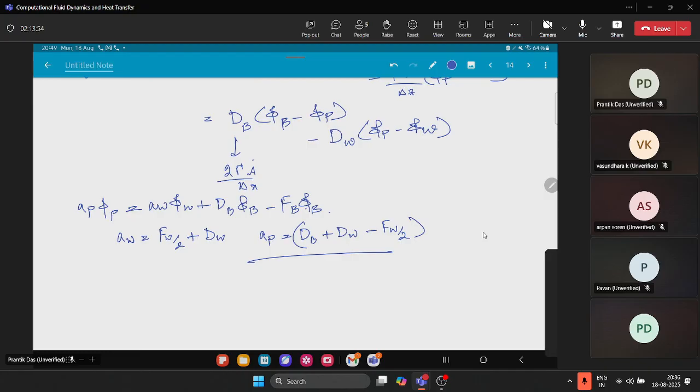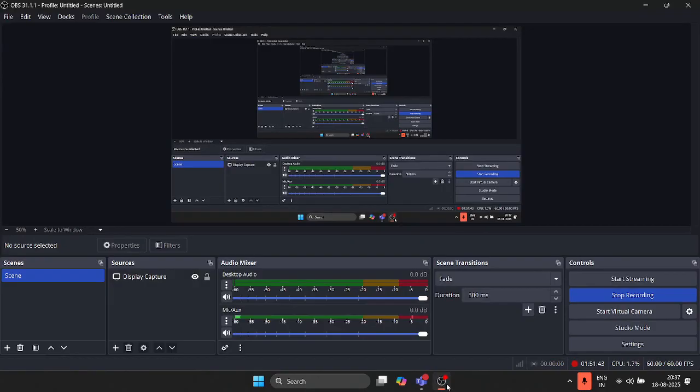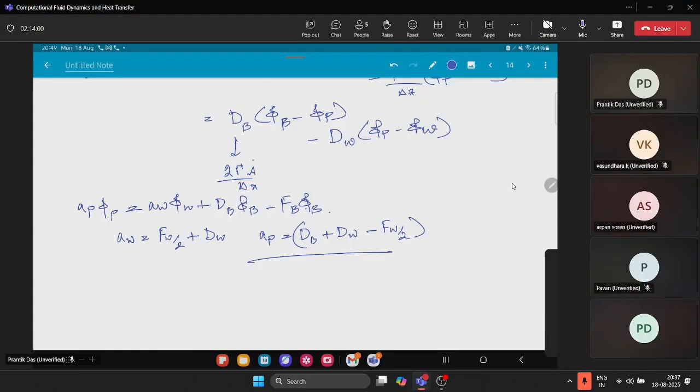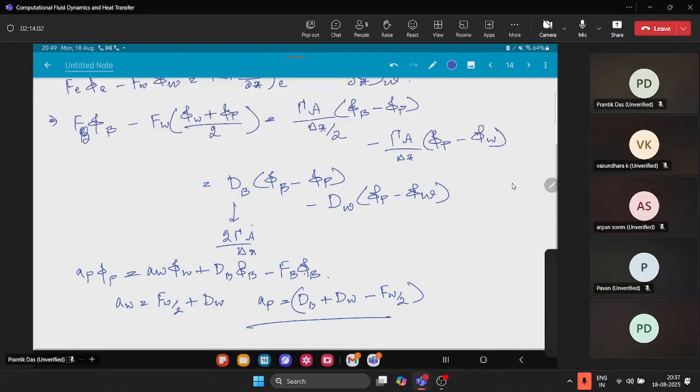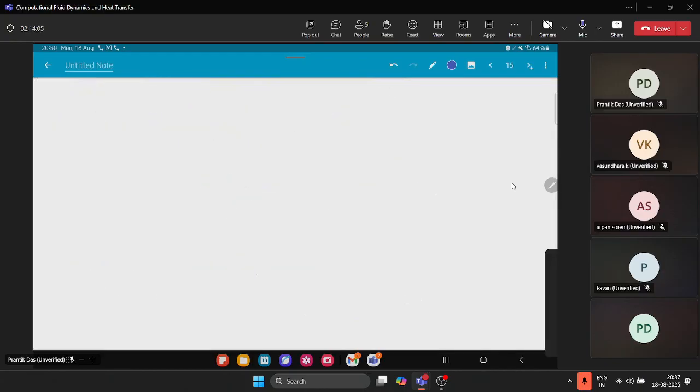Okay, so is it clear to all of you? Yes, sir. So now what I'm going to do is convert this equation for a sample problem itself.